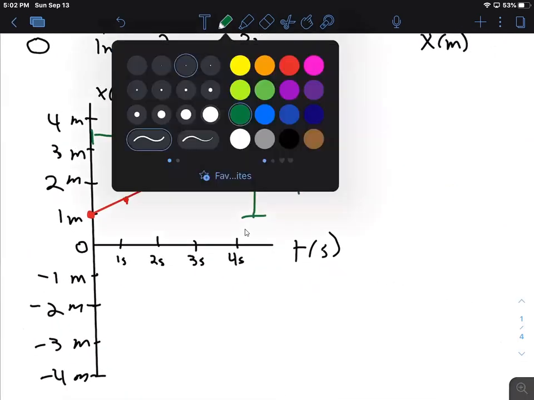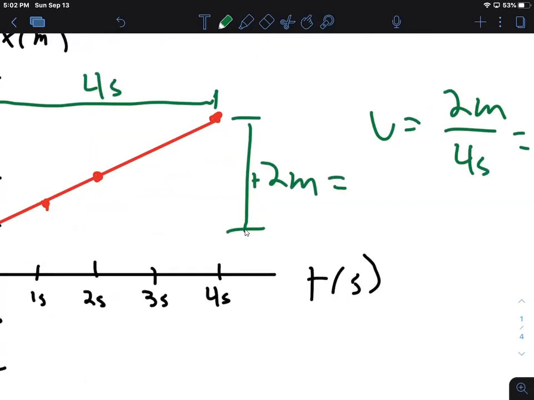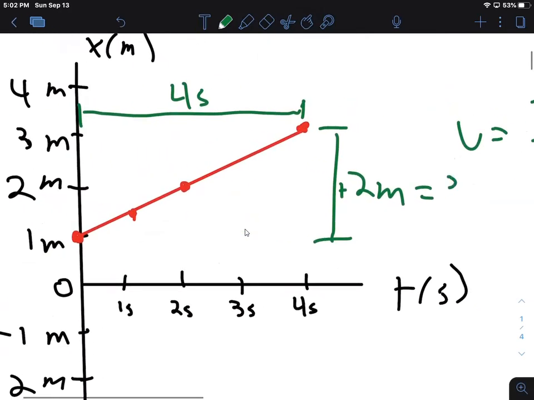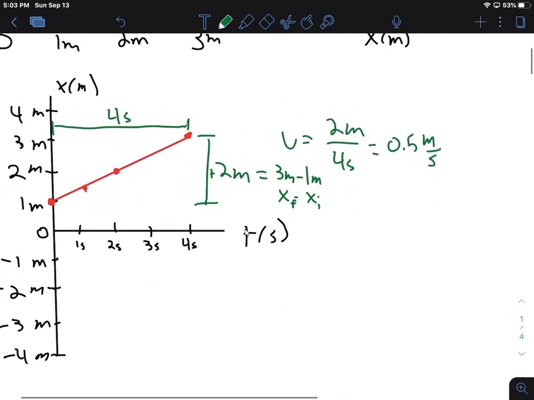So my velocity is going to be 2 meters over 4 seconds, 0.5 meters per second. I'm going to note I got this 2 meters by doing, I ended at 3 meters minus my starting position of 1 meter. So that was doing my final minus my initial positions at those 2 different times, 0 seconds and 4 seconds.